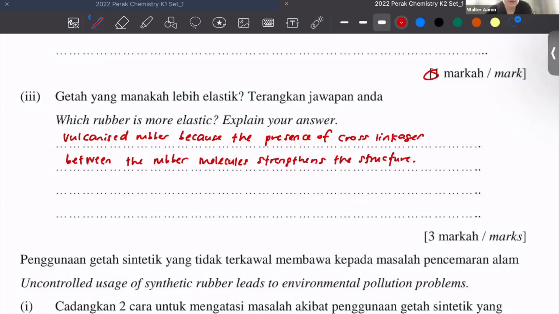And after that you can just say that when they are stretched, it prevents the layers from sliding.